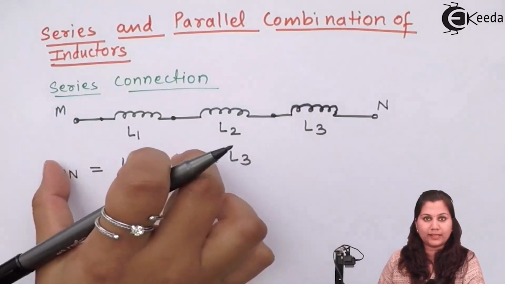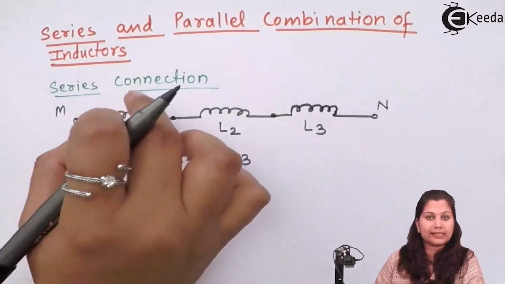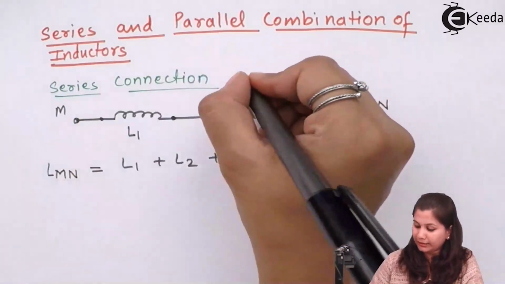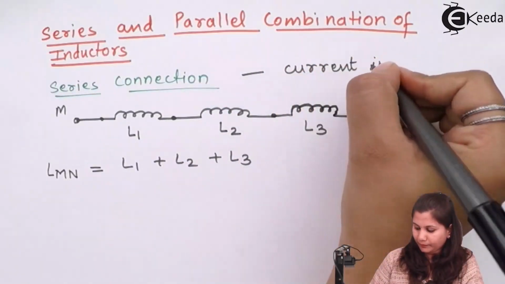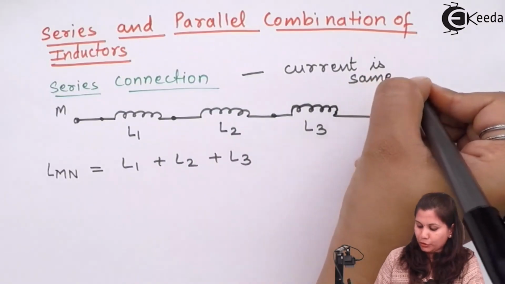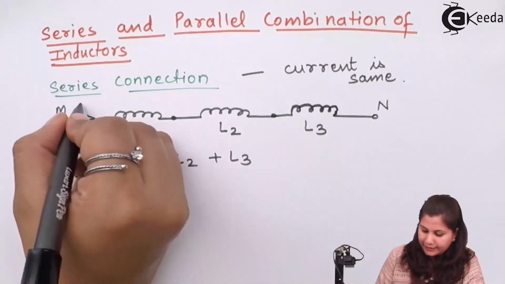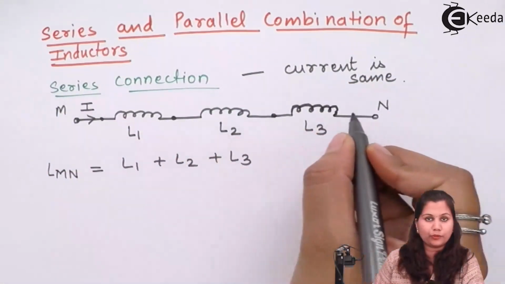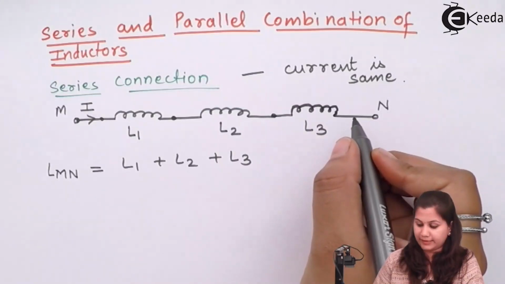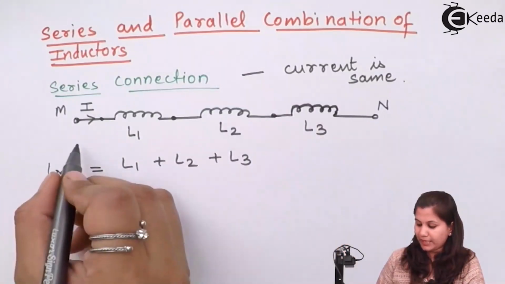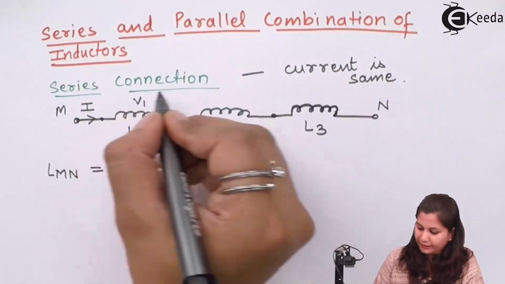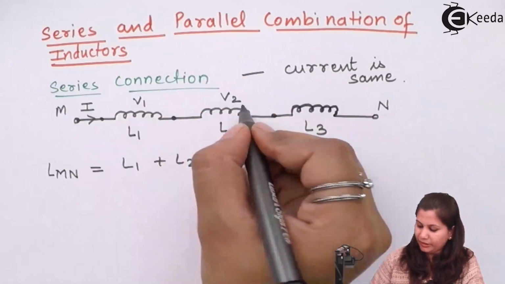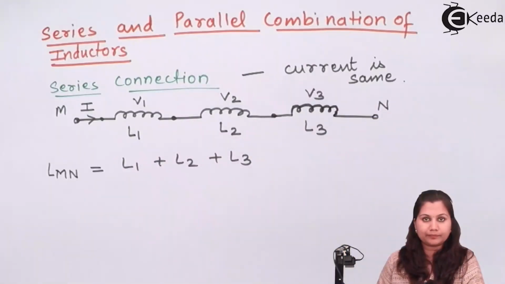How do we come to this equation? Let's see. We know that in the series connection, the current remains the same. So in this circuit, if current I is flowing, then the same current is flowing in all these three inductances. Whereas the voltage, suppose the total voltage is V, is divided between them, that is V1, V2 and V3.